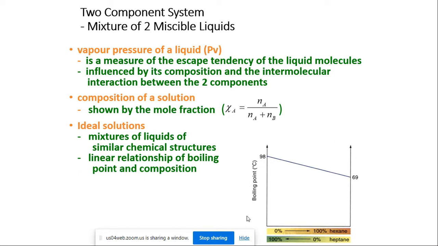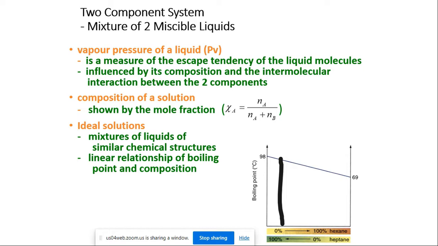That means a very simple phase diagram. For example, if you have 20% hexane and the remaining 80% is heptane. So if you identify the fraction in between these two, right? For example, a point like this, right? Here you can see the amount of hexane is less and the amount of heptane is higher, right?